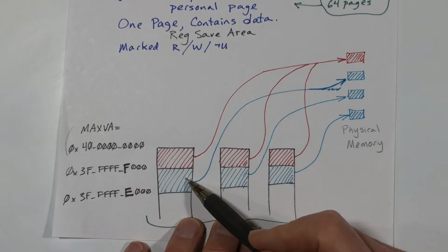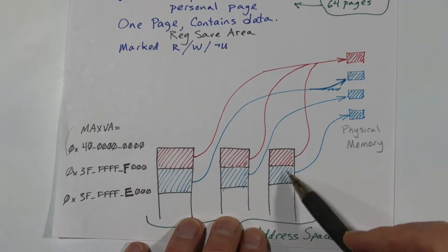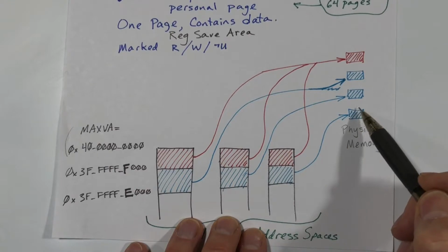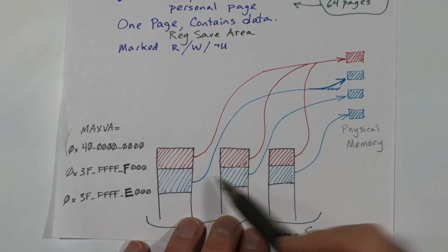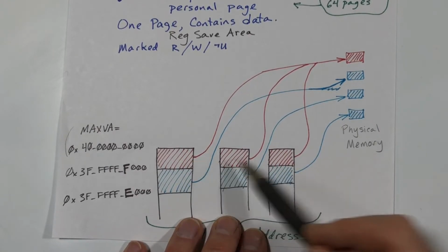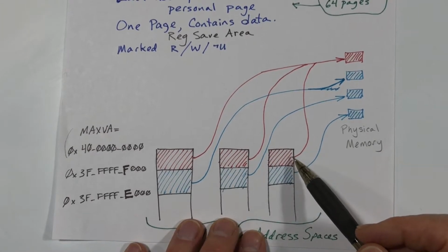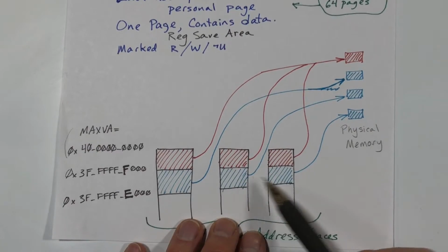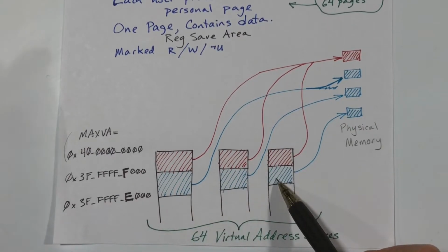But the trap frame pages, down here in blue, are each mapped to a different physical page, so they are not shared. It's okay to share code because it doesn't change and it can be shared without any problem, but each user process will need its own area in which to save the registers.